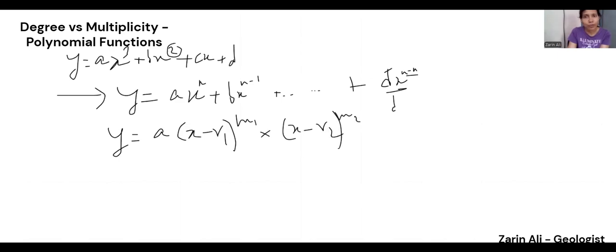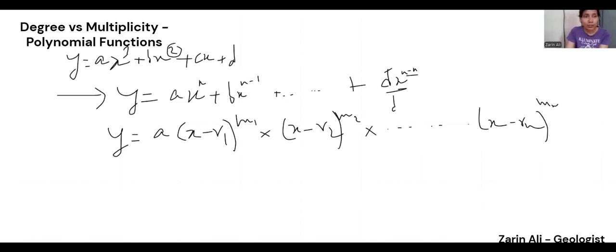Likewise, you can have a lot of factors and then you go to x minus rn to the power mn. Here, r1, r2, rn, all these are the roots. But your m1, m2, mn, these are the multiplicities. So each and every factor will have its own multiplicity. Multiplicity means how many times a specific root is repeating, whereas degree is the highest power of the polynomial function that you're looking at.